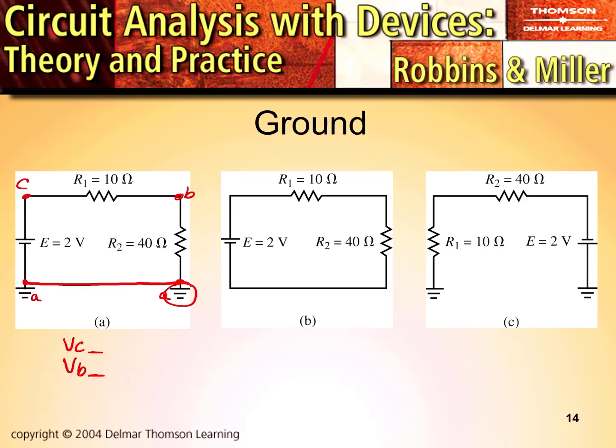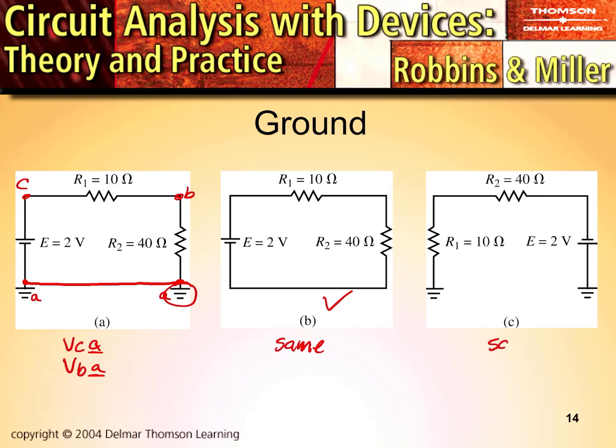If we called ground A, it'd be equivalent to VCA and VBA. That's the same circuit that we have here. There's absolutely no difference in power dissipation in anything about these two circuits. This is the same circuit.